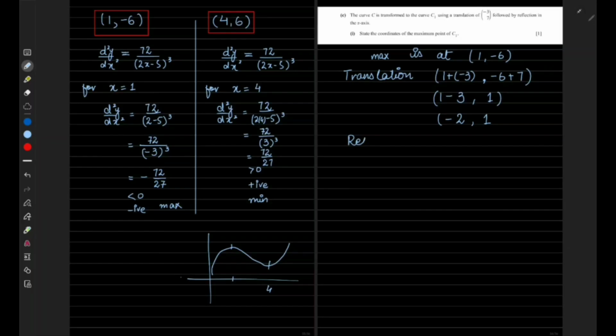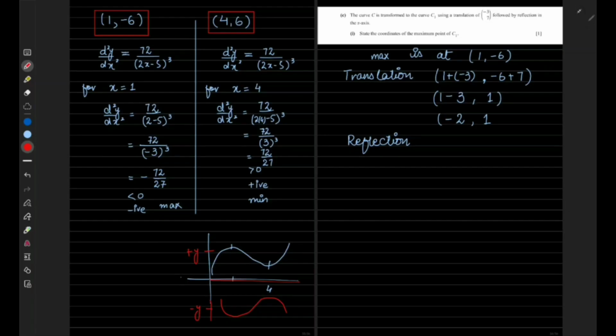So the reflection would be reflection in the x-axis. If this curve is reflected in the x-axis, that means it becomes like this. So what does it mean? Every positive y coordinate has become negative y.